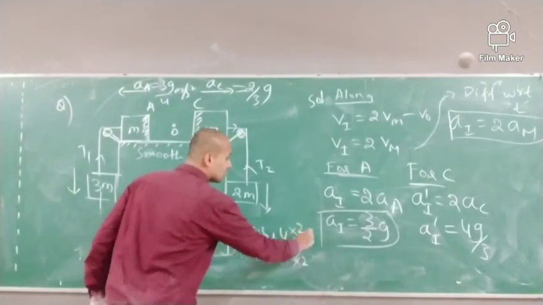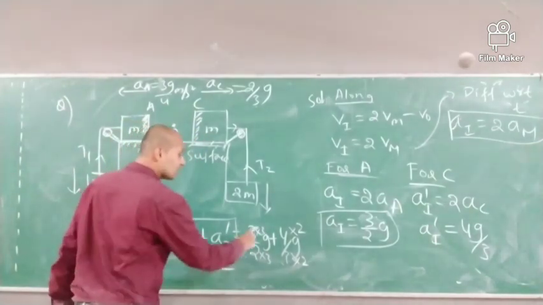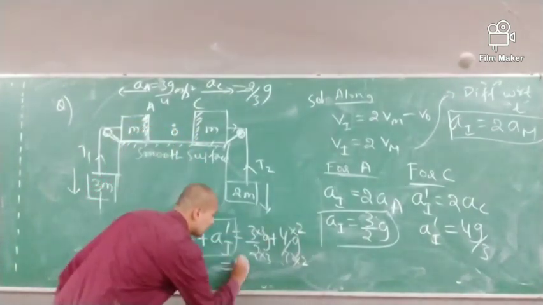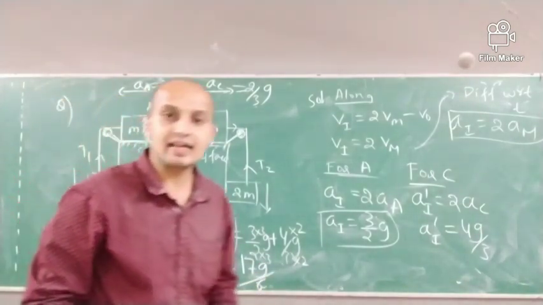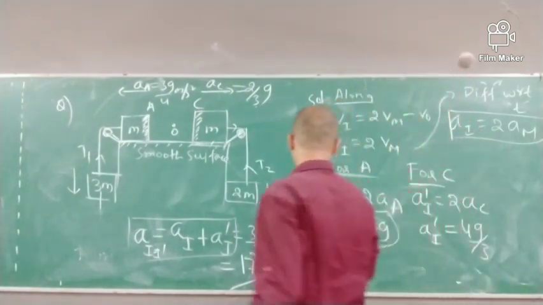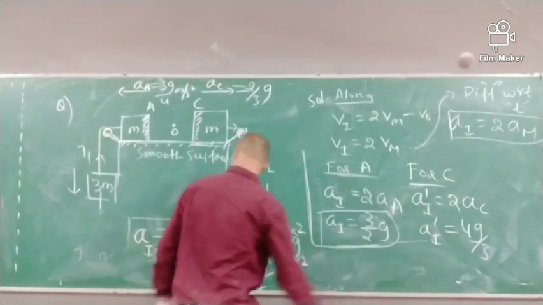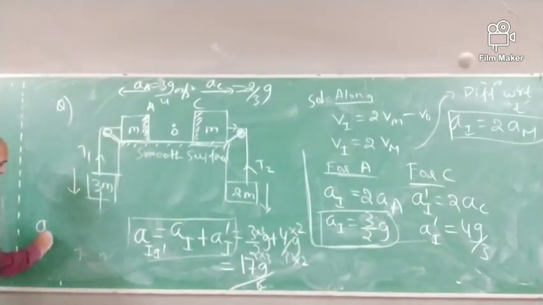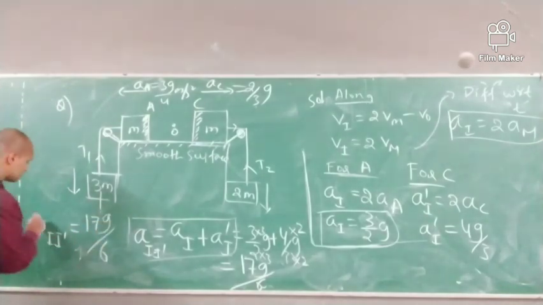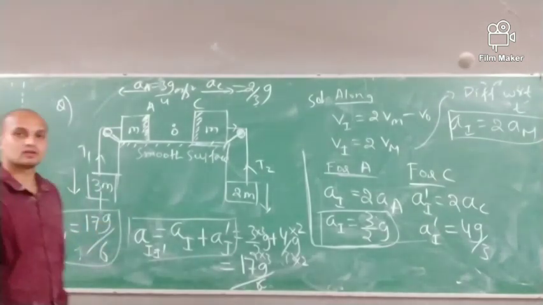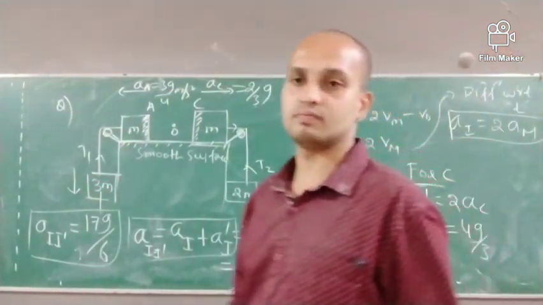This is 9 means I am going to get 9 plus 8, which will become 17g by 6 is the answer. 17g by 6. I dash is 17g by 6. This is the right answer. I hope you have understood this problem. Got it?